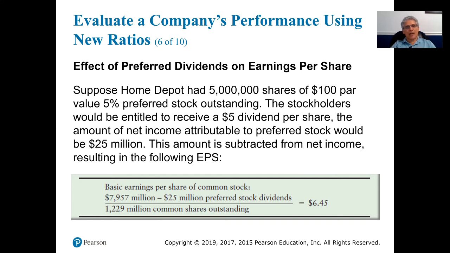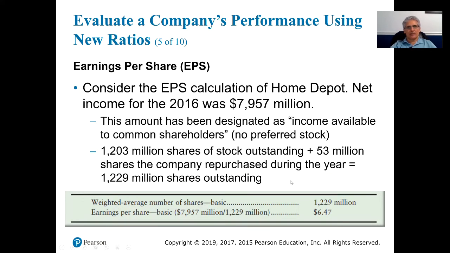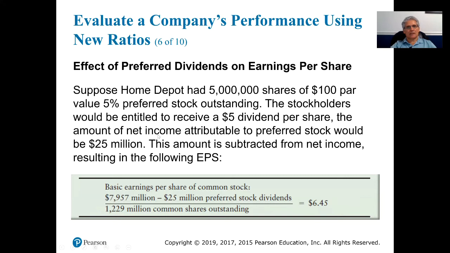We're going to be subtracting from total income the amount attributable to preferred stock, which means we're going to take the previous amount of $7,957,000,000, that's the net income, and subtract from that 25 million for the preferred stocks.